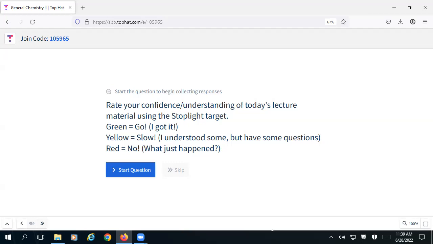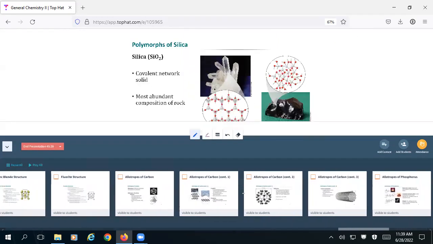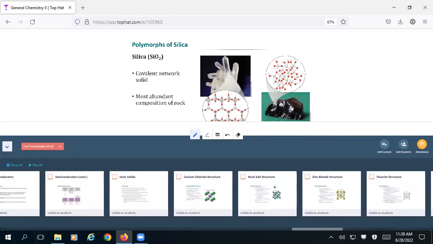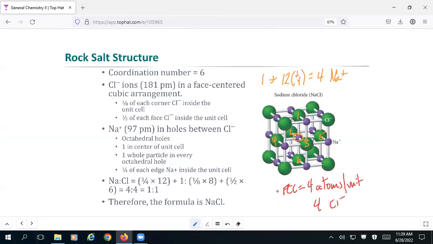Unit cell calculations, being able to look at a structure like this and derive its chemical formula by looking at, okay, that's face-centered cubic, so there are 4 atoms in it. Oh, those are edge atoms, they're a quarter each.